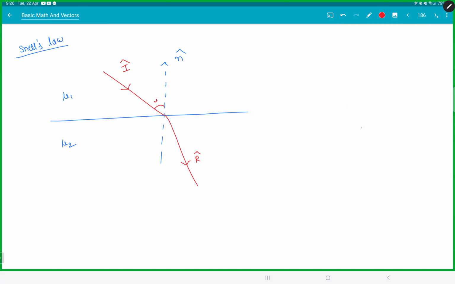So this is angle I and this is angle R. So we know I cap cross n cap is mod I cap, mod n cap sin I. Similarly, R cross n cap will be mod R cap, which is 1, mod n cap, which is 1, is equal to sin R.